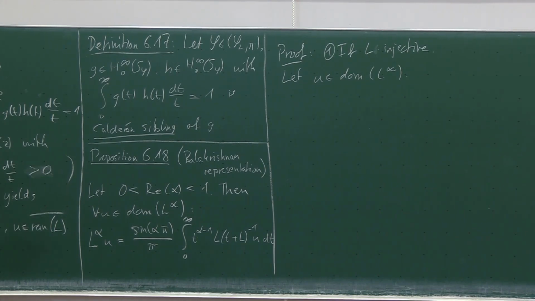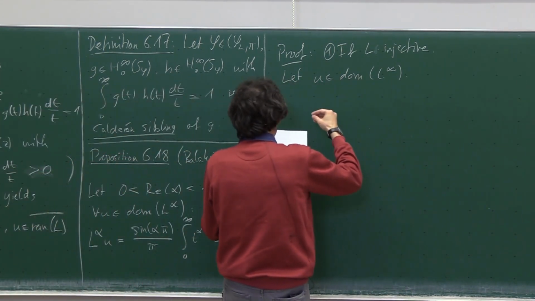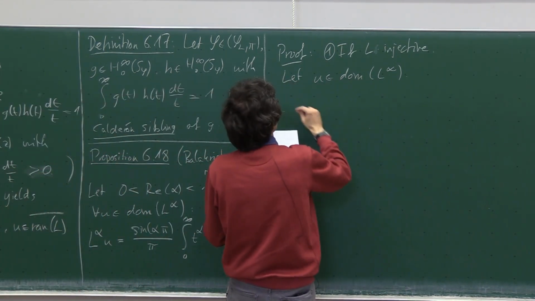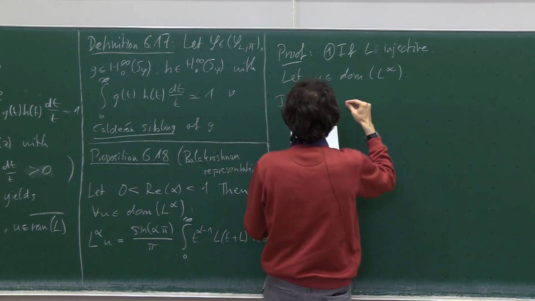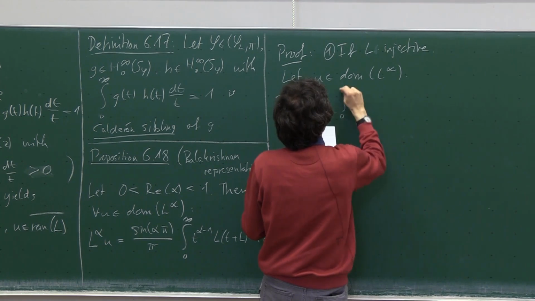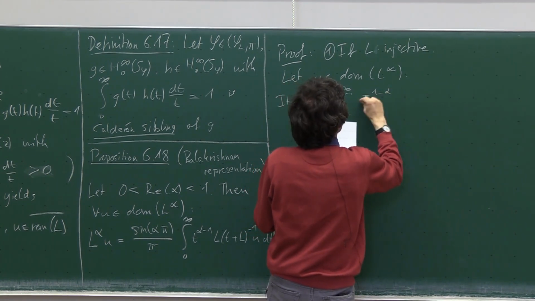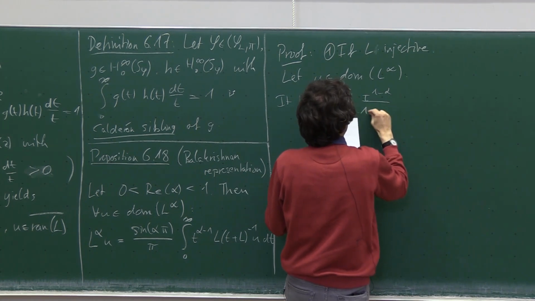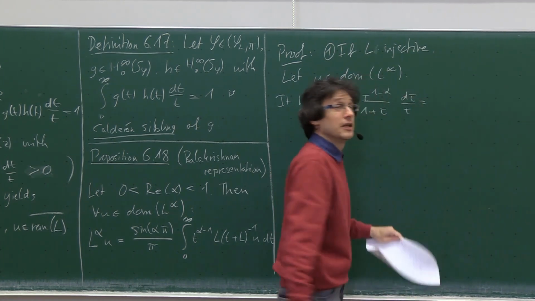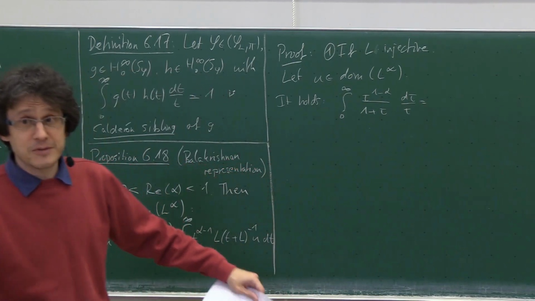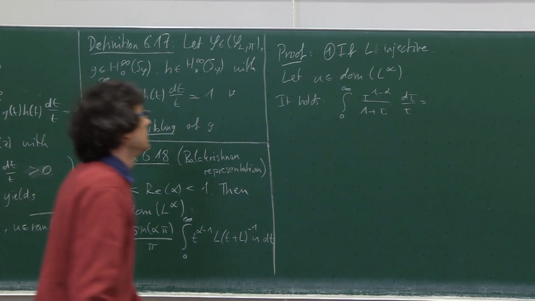So take some u in the domain of L to the alpha. Then what we need is the following identity of integrals: the integral from 0 to infinity of tau to the 1 minus alpha over 1 plus tau, d tau over tau. For some people this is a known integral; sometimes it appears in a complex analysis class, but it need not.